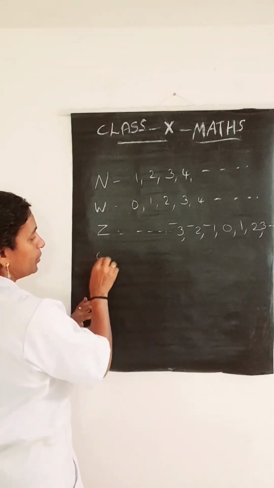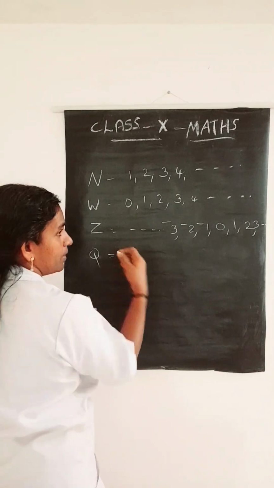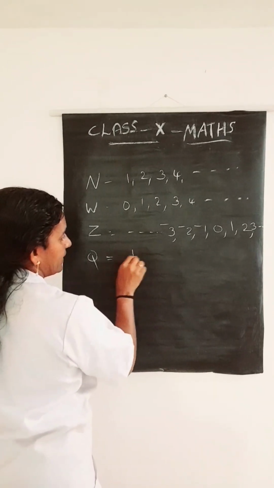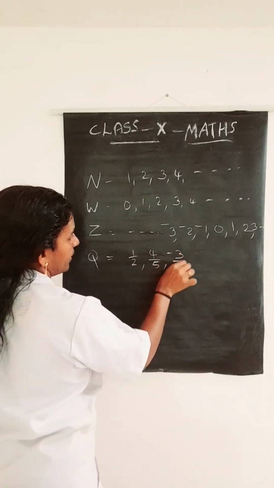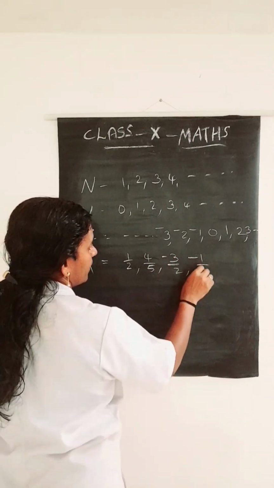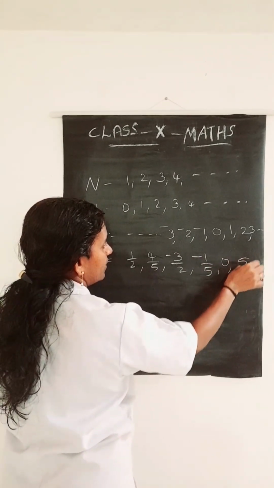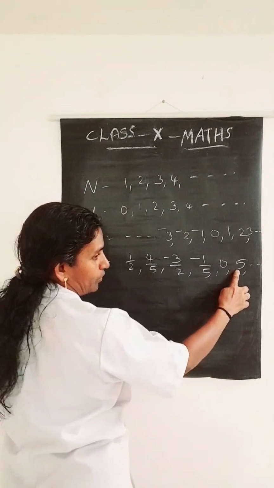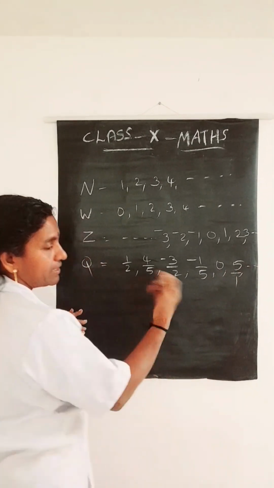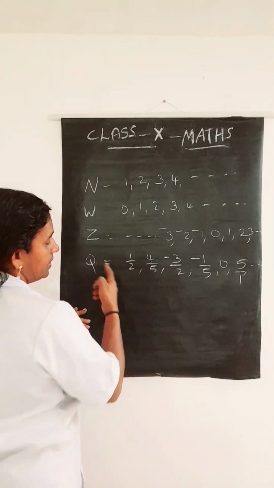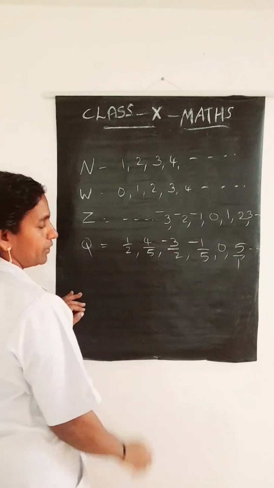Next Q, that is rational numbers. Rational numbers are numbers of the form p by q, for example 1/2, 4/5, -3/2, -1/5, 0, 5, etc. You know 5 is an integer. 5 we can represent as 5/1. If it is 10, 10/1, etc. So all these numbers are rational numbers of the form p by q.